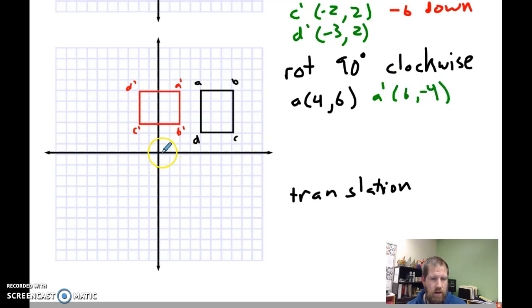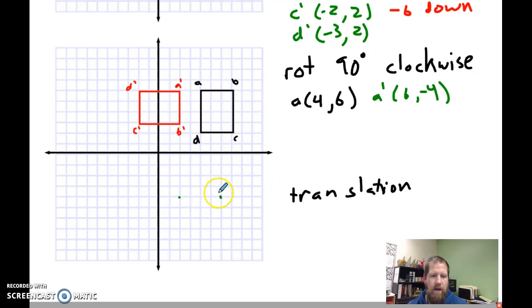Okay, and I can do that. 1, 2, 3, 4, 5, 6. 1, 2, 3, 4. So this should be my A prime. All right, and I can kind of just use the shape and say, okay, if this is down 1, 2, 3, 4, then it should be left 1, 2, 3, 4 because it rotated.